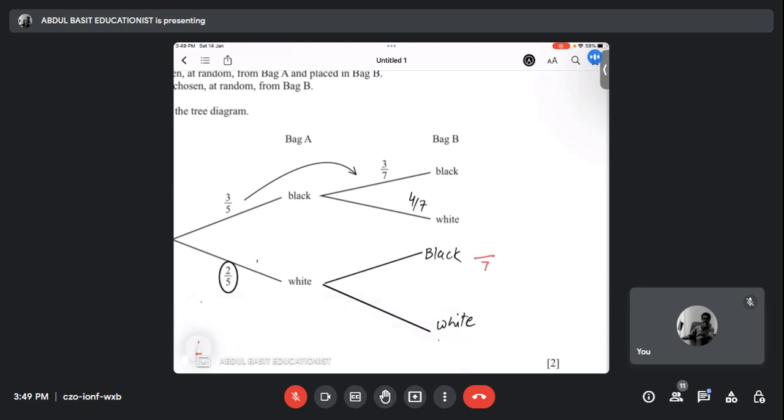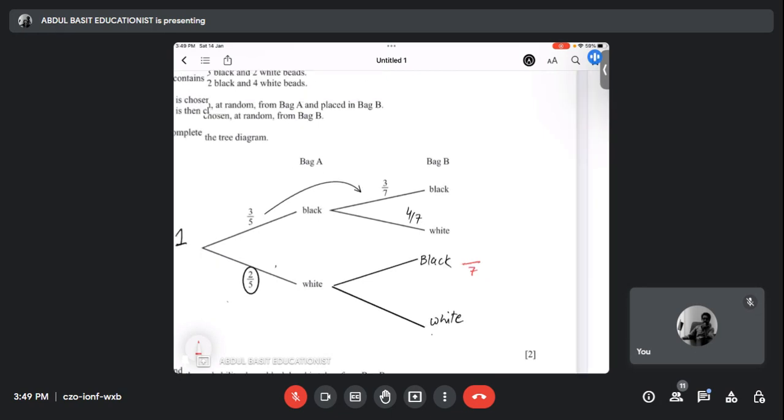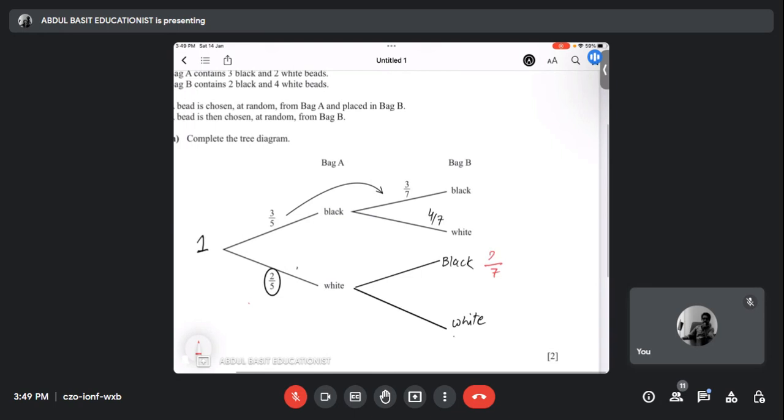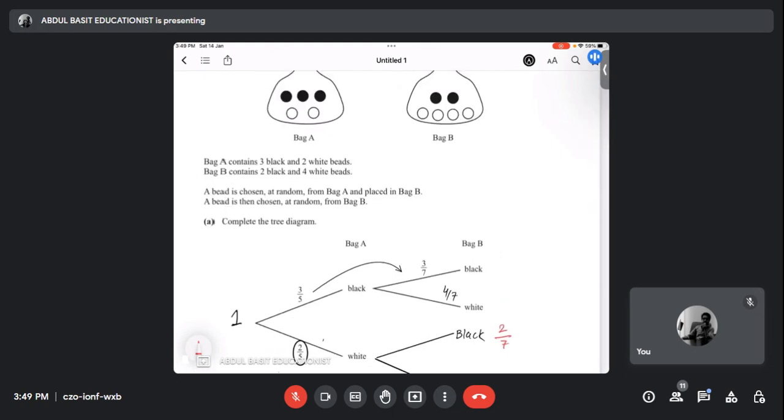Now there are a total of 7 beads in the bag because I'm placing one extra white in it, and black remains the same. So black is 2 out of 7, and white would now be 5 out of 7. And where did this 5 come from? Because I took this white bead from here and placed it here. Is this clear? Yes sir. Did everyone understand? Yes sir, understood up to here.